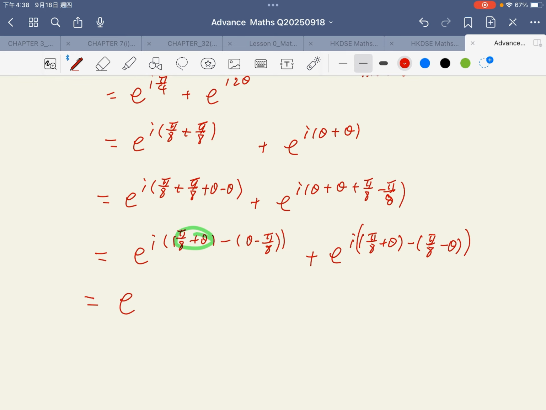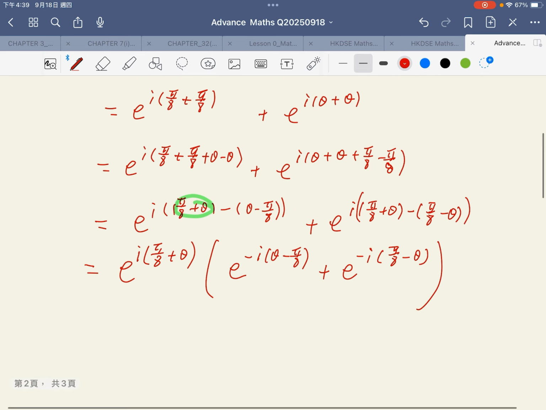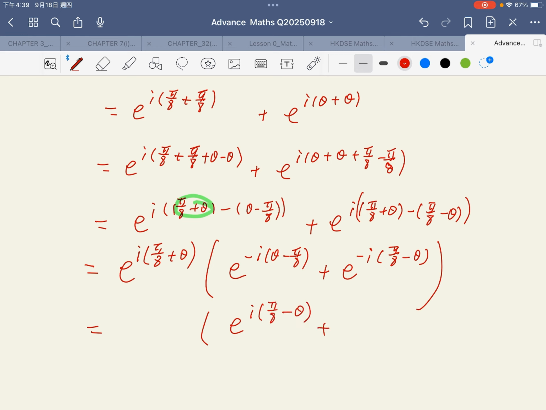For these two, I can factorize e to the power i times pi over 8 plus theta, plus e to the power negative i times theta minus pi over 8, that is e to the power negative i times pi over 8 minus theta. Yes, it is so crazy.